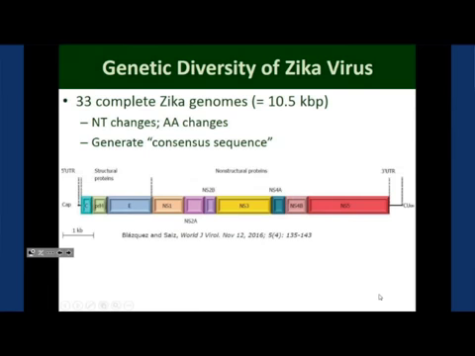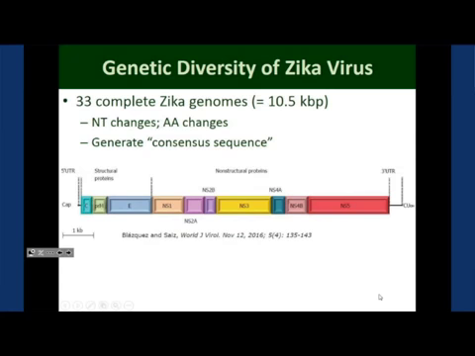So what we did was we looked at 33 complete genomes, some from the Western Hemisphere, some from Southeast Asia, and some from Africa. And what we did was we looked at nucleotide changes and amino acid changes that were noticeably distinct among these Western Hemisphere strains and the Southeast Asian strains, where we think we had the start of these clinical presentations.